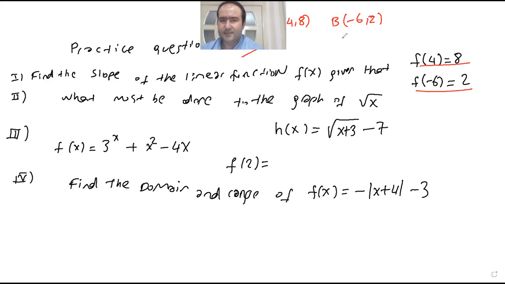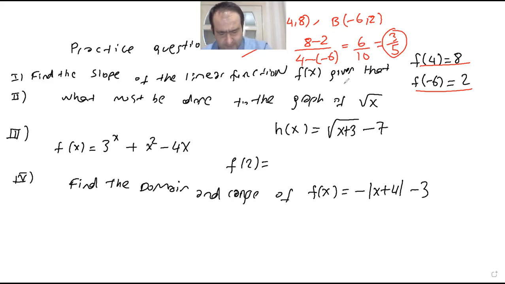What's the slope of these 2 points on the same line? 8 minus 2 over 4 minus negative 6. Okay, 6 over 10, 3 over 5. So the answer is 3 over 5.